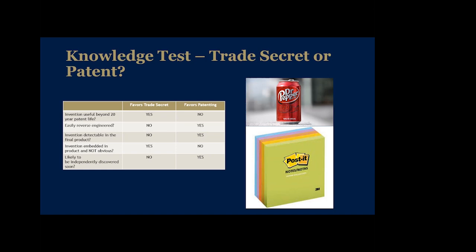There's a chance that it would have been discovered on its own, easily reverse engineered. So what you're going to want to do at that standpoint is go for a patent, because at least you'll get that 20-year period of protection. And after that time, then people can go on and make different versions of your product.